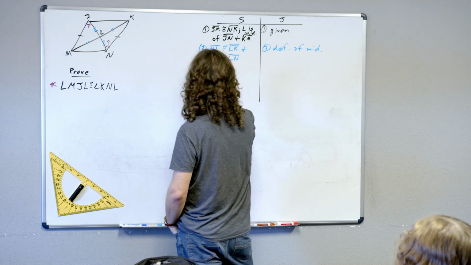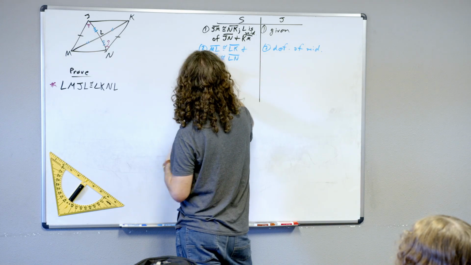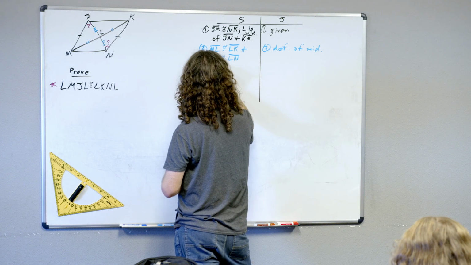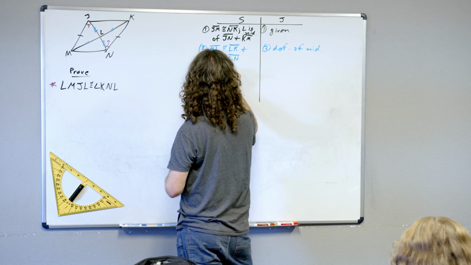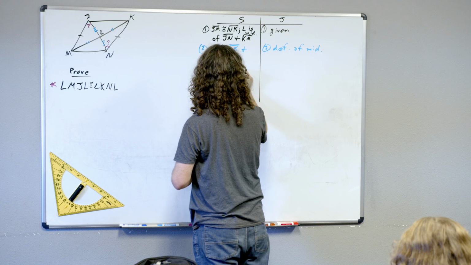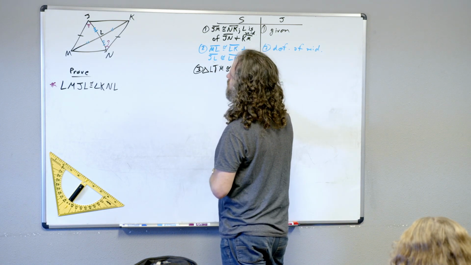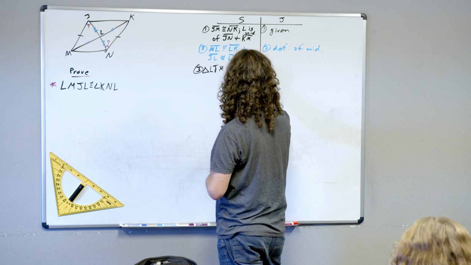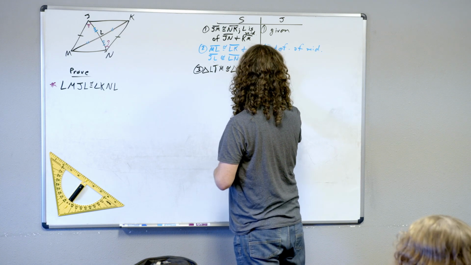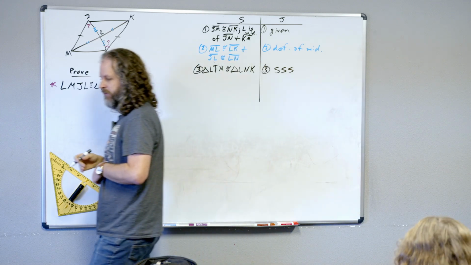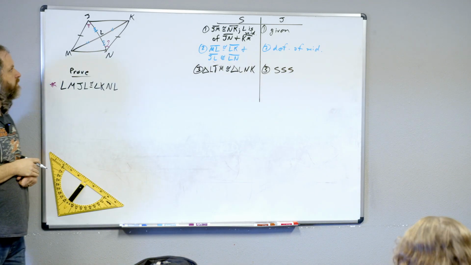So triangle, let's do one more. L K J M is congruent to triangle L N K. And you were correct, you can do that by side, side, side congruence. Absolutely. And then you can do the angle.